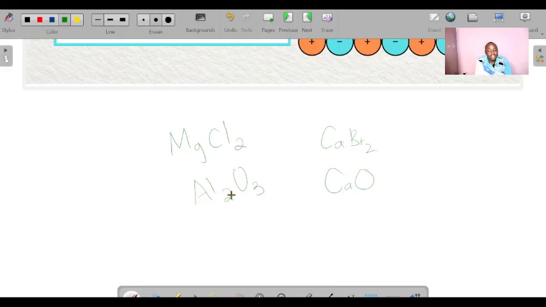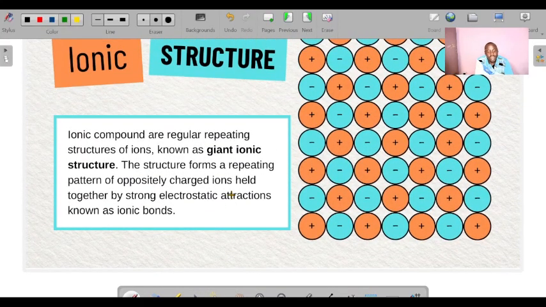Any compound that is made up of a metal and a non-metal joined together forms what we call ionic compounds. So all of them will have a giant ionic structure.